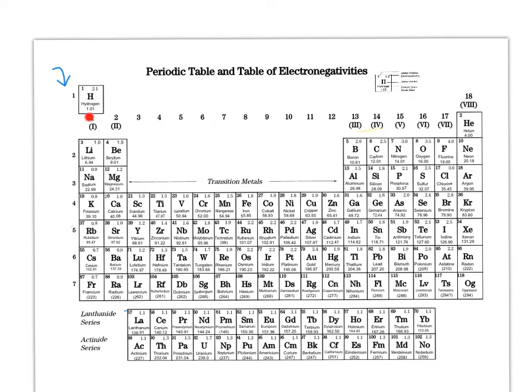So on the first row, we have hydrogen and helium, so 2 elements. On the second period, on the second row, we've got 1, 2, 3, 4, 5, 6, 7, 8 elements. On the third row, the third period, we've got 1, 2, 3, 4, 5, 6, 7, 8 elements. These correspond to the rings and the possible electrons on Bohr diagrams.